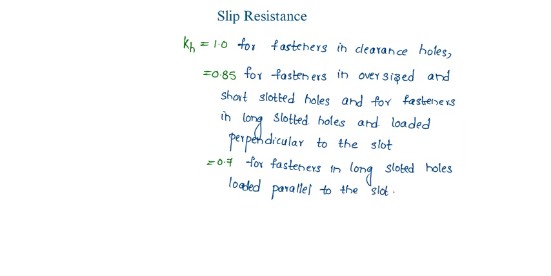F0 is net area of bolt into small f0, where small f0 is proof stress, which is equal to 0.7 times FUB.